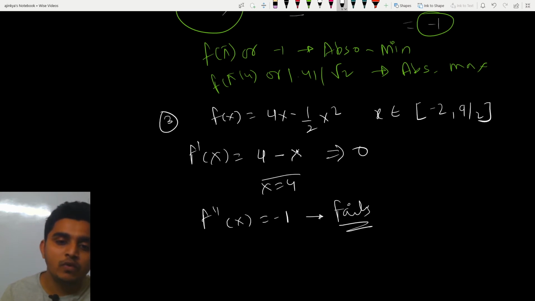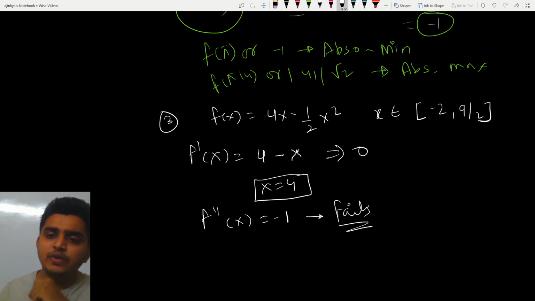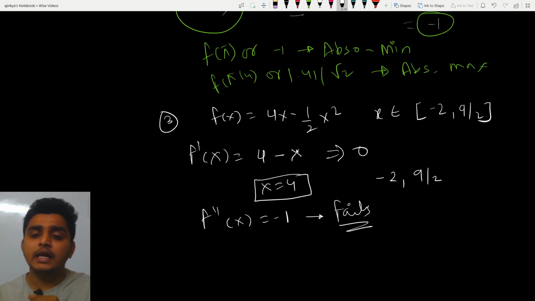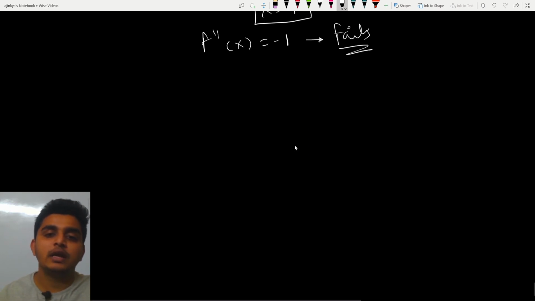We only have one point, x equals 4, from our equation, but since we also have the two given endpoints, minus 2 and 9 by 2, we need to check these values to find the absolute maxima or absolute minima.